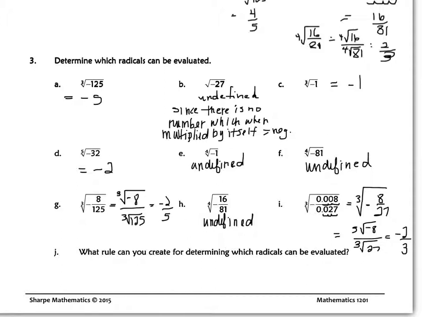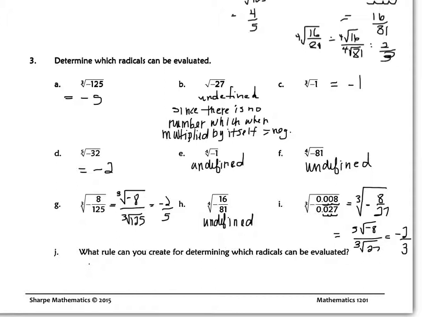So what rule can you create for determining which radicals can be evaluated? In terms of when all of these numbers in number 3 were negative values, you can only find the root of a negative number if the index is an odd number.